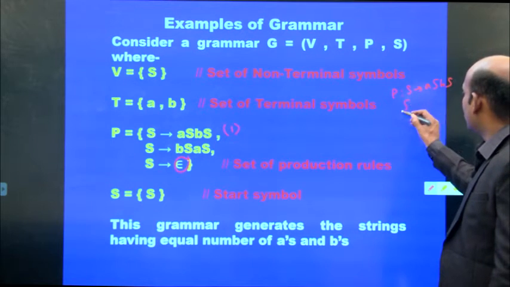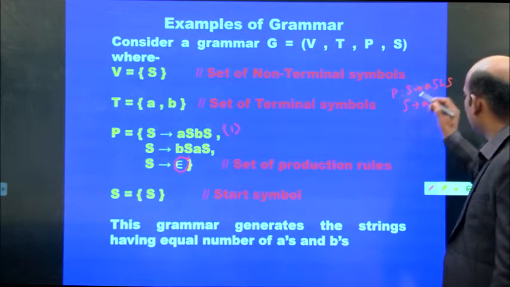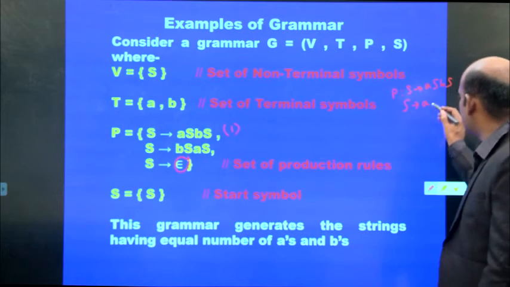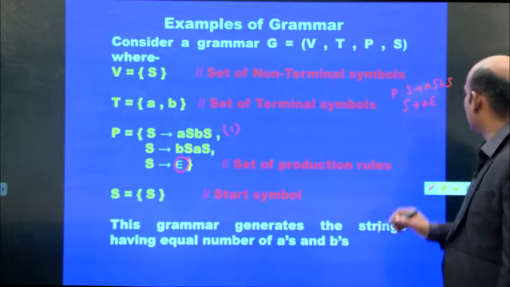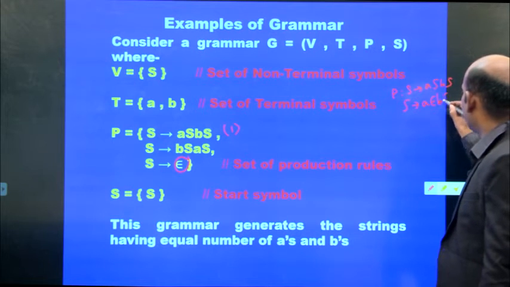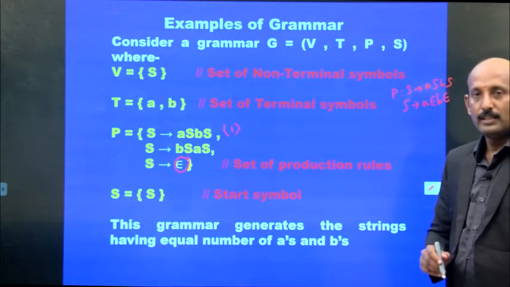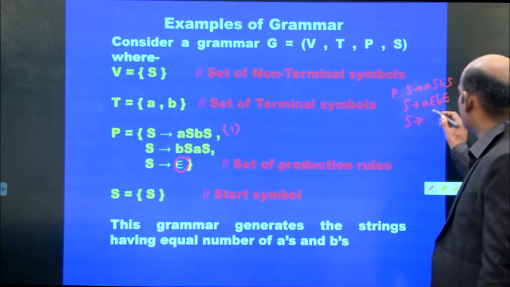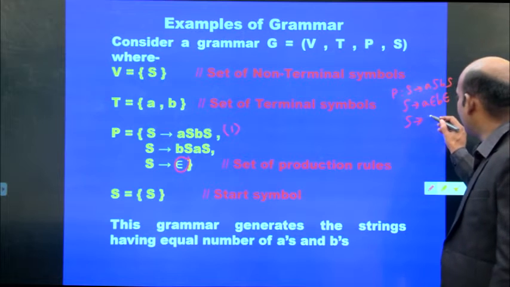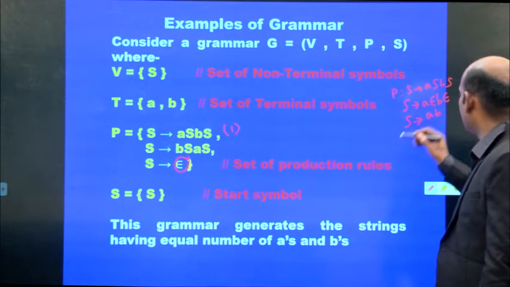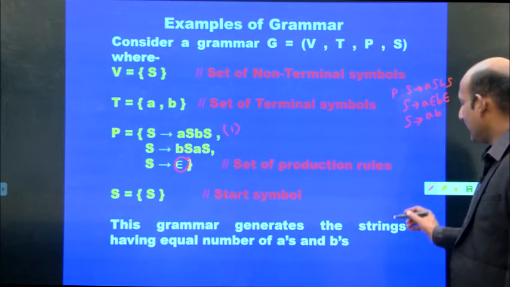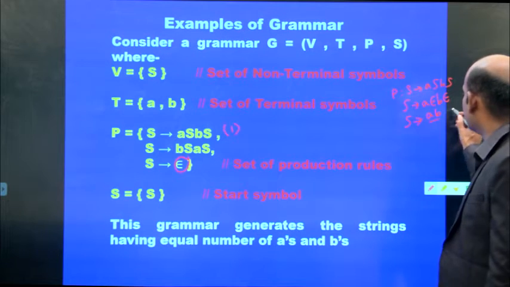We get S gives a, then instead of S we substitute epsilon, that is empty, then b and epsilon. Epsilon means empty, so the remaining thing is only ab. So this generates strings like ab.